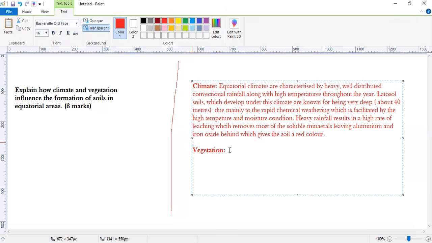And so we could say equatorial regions are associated with tropical rainforest.